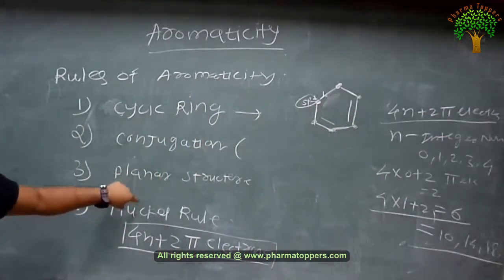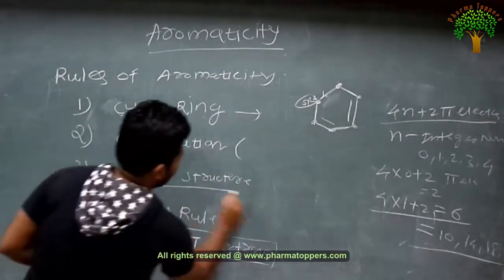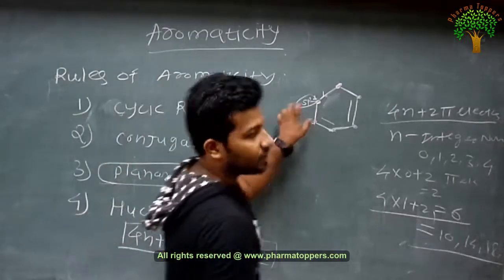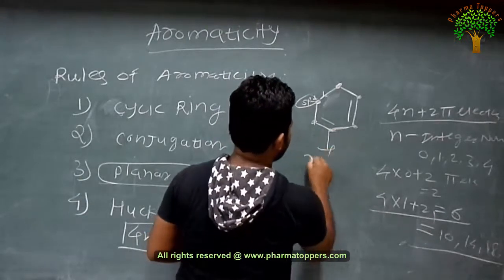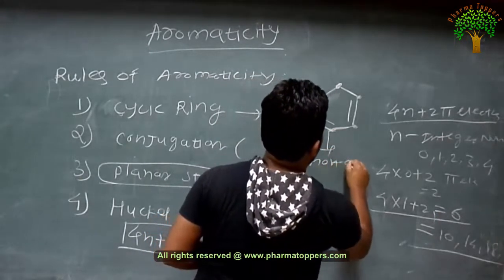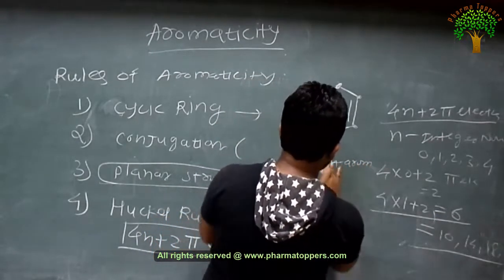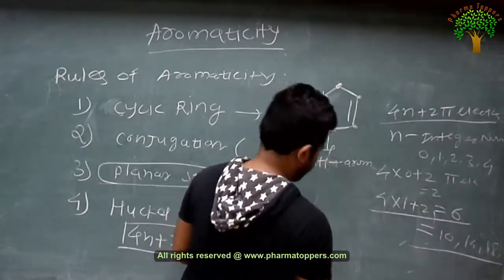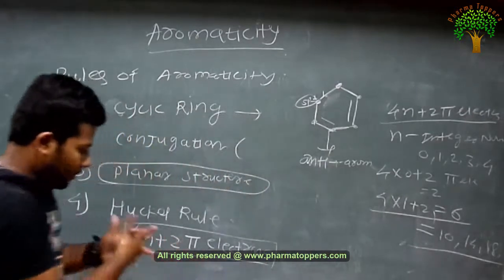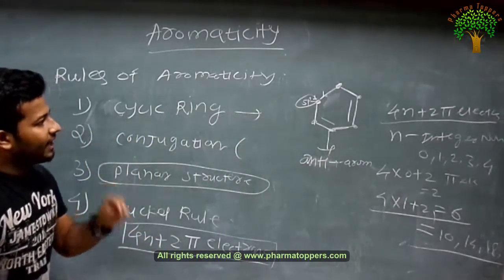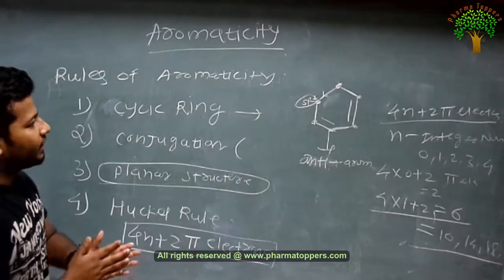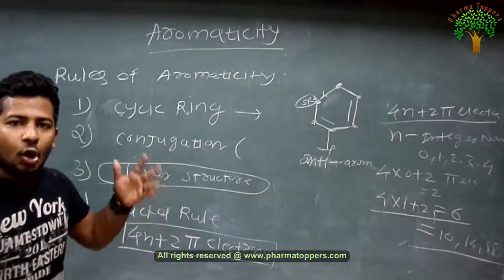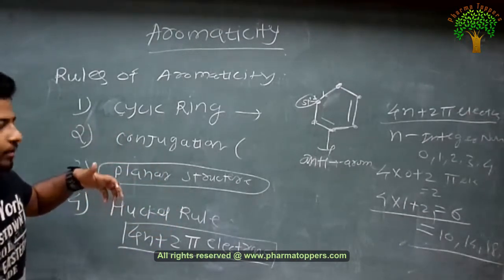Planar structure, yes, but here it does not obey this rule. That's why it is non-aromatic, or simply called an anti-aromatic structure. Mainly there are 3 types of aromaticity. Simply we call them aromatic structure, non-aromatic structure, and anti-aromatic structure.